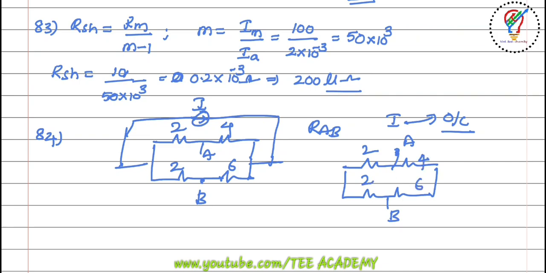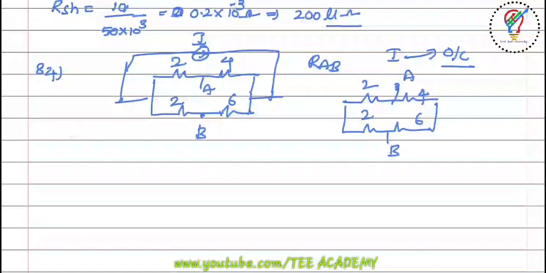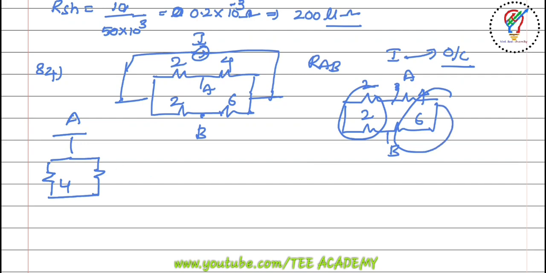If you redraw the circuit again, these two combinations will become series. The 2 is in series with the 2 here, so 2 plus 2 becomes 4, and on the other side 4 plus 6 becomes 10.